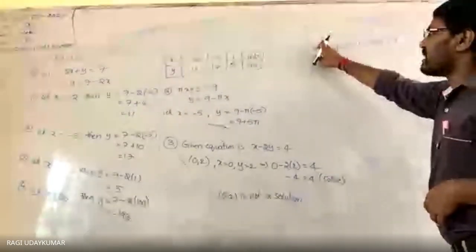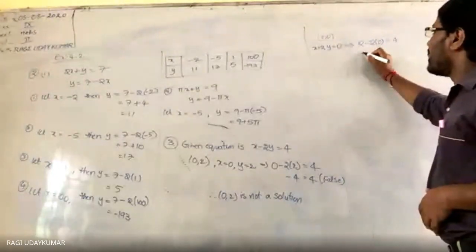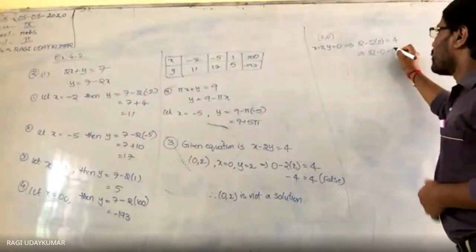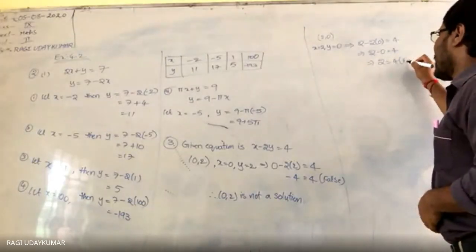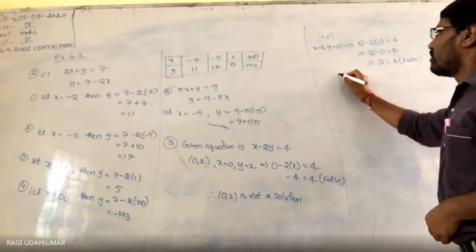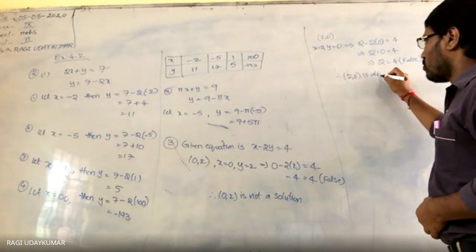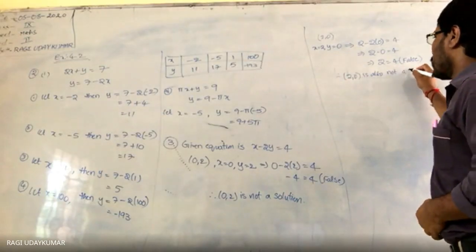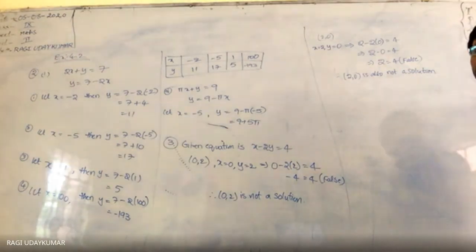First one, whatever is given, that is x. Second one, that is y. So now what you get here: 2 minus 0 is equal to 4 आएगा. 2 is equal to 4. ये भी false है. So therefore, 2, 0 is also not a solution.